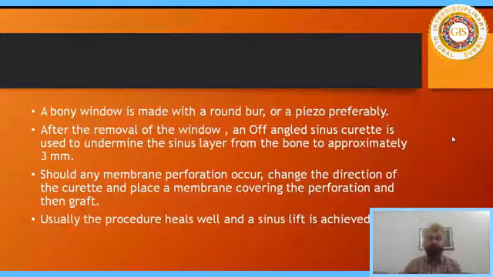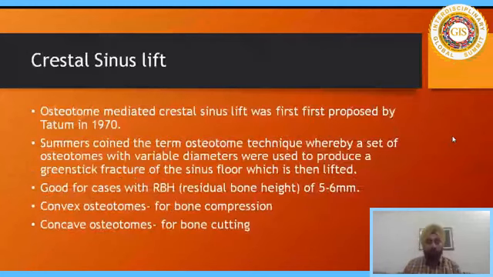A very predictable procedure. Crestal sinus lift is what every surgeon likes to do because of less morbidity involved. The osteotome-mediated crestal sinus lift was first proposed by Tatum in 1977. Summers coined the term osteotome technique, whereby a set of osteotomes with variable diameters were used to produce a greenstick fracture of the sinus floor, which is then lifted.